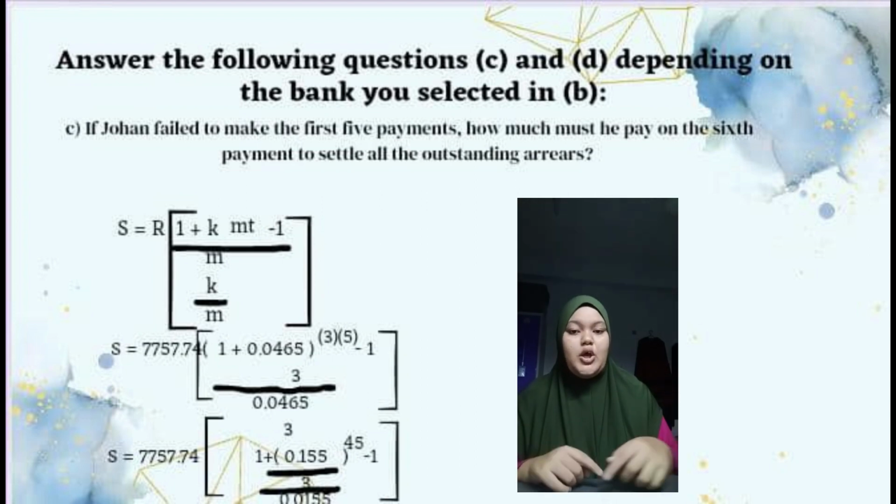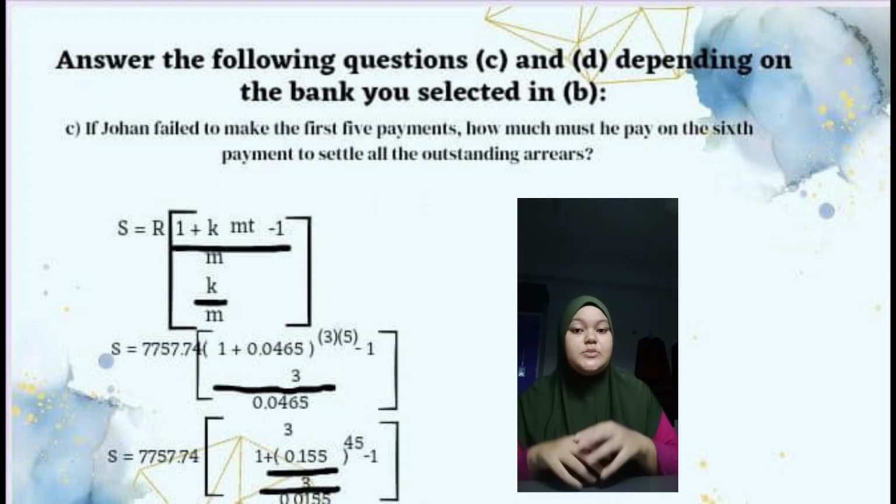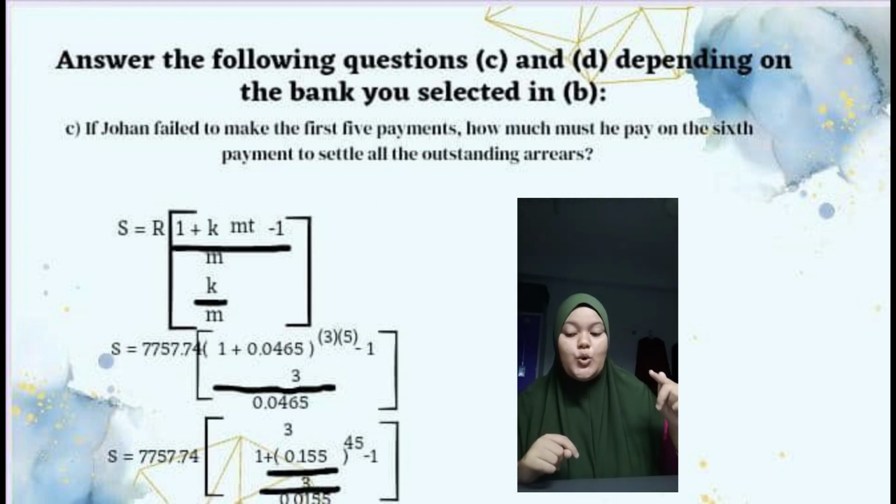0.0155. The next step, S equals 7757.74, open the bracket, open the big bracket, 1 plus 0.0155, close the bracket, 45 minus 1 over 0.0155.